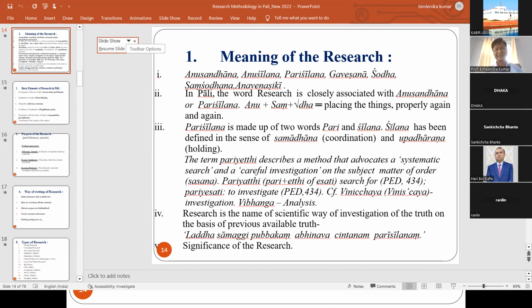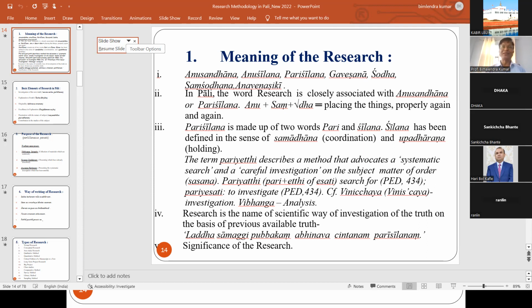And here there are some terms. If you go through the Mahaparinibbana Sutta, the Buddha says do not accept things just because they come to you. You must investigate whether these things are available in the Vinaya, Sutta or Abhidhamma or not.